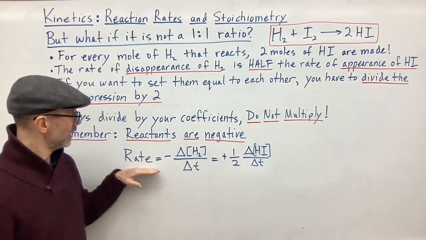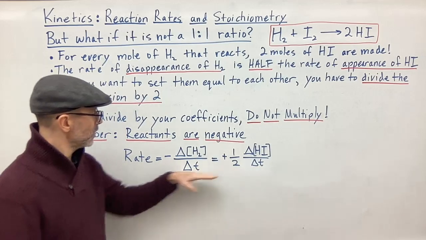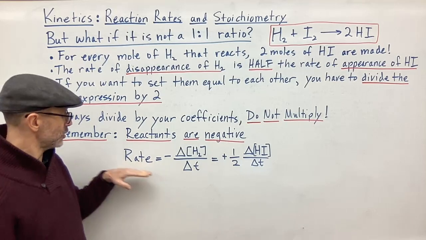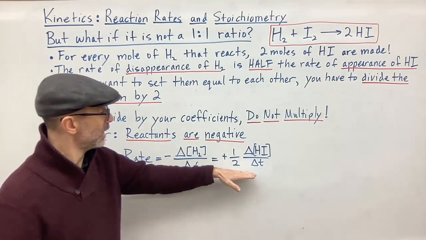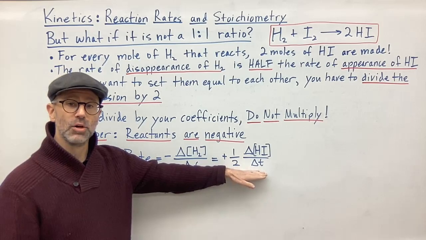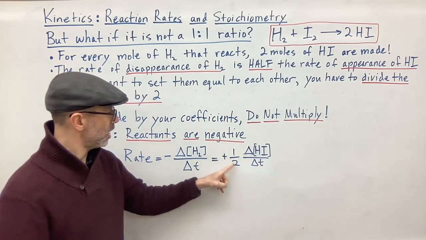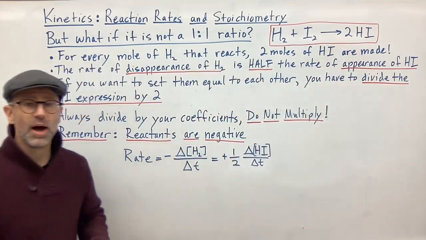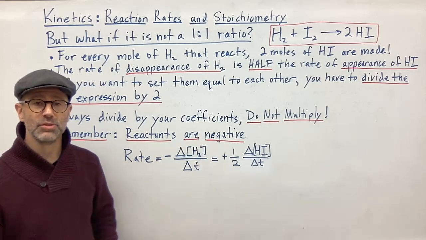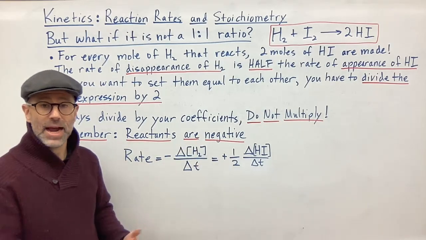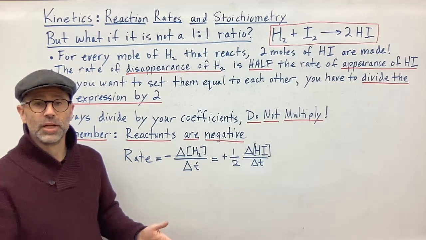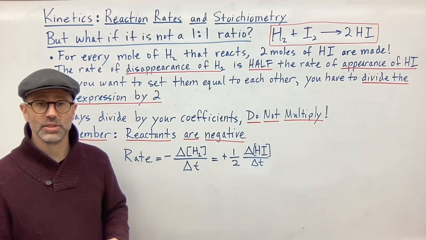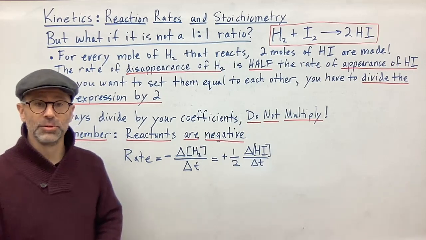So in order to get these reaction expressions equal, so that they both express the same rate of the reaction, you're going to have to make sure you divide by the coefficients. And so here we have 1/2 because the coefficient is 2. That is how you express the reaction rate for a reaction based upon different reactants and products that have different ratios or coefficients. Let's go ahead and look at another example.